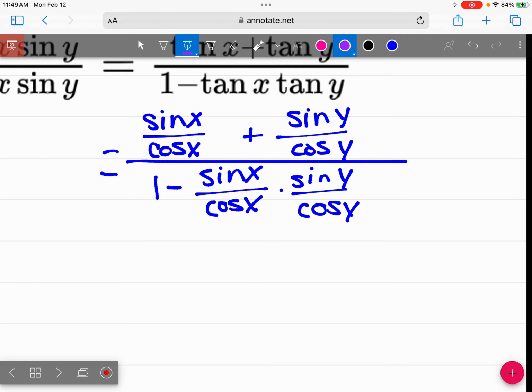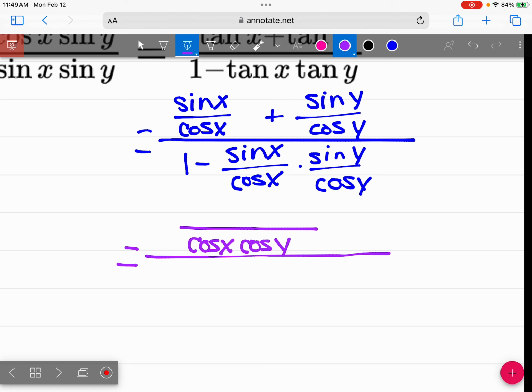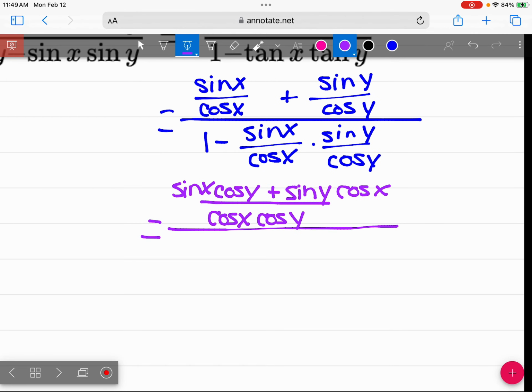So then we are going to get to common denominators. In my numerator, I'm going to have a denominator of cosine x cosine y, which is going to make my numerator sine x cosine y plus sine y cosine x. And in my denominator, I'm going to do common denominators again.